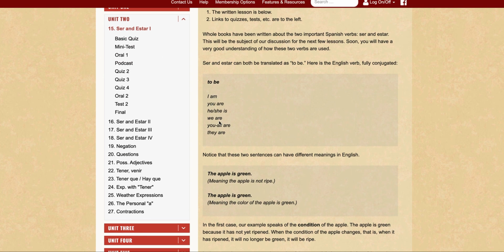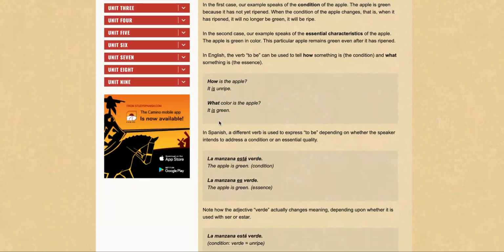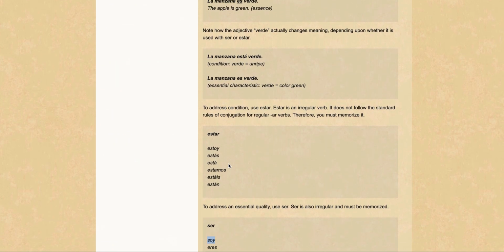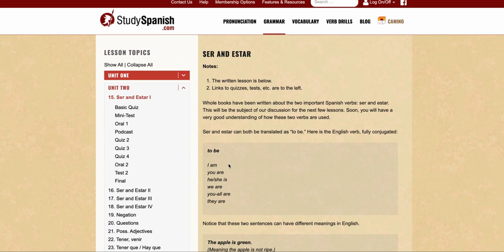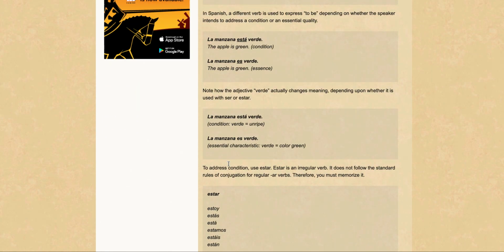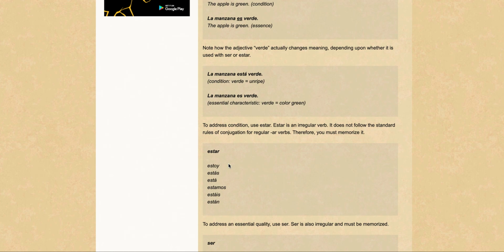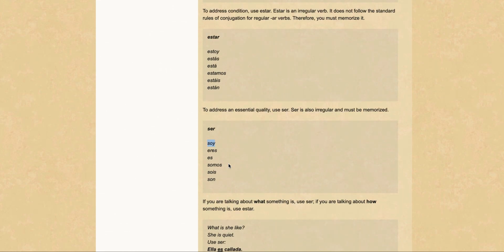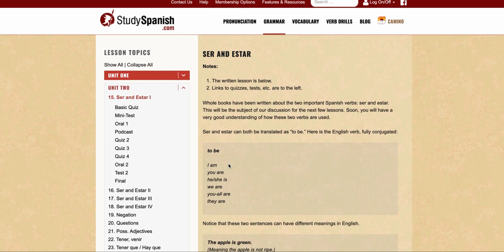The fourth one is we are, and this definitely ends with mos, so you have estamos and somos. Then you all are, you're adding ais, so estáis and sois. They would be, you're adding an, so están, and for ser it'd be on, so son.